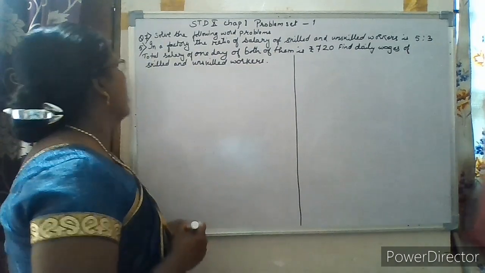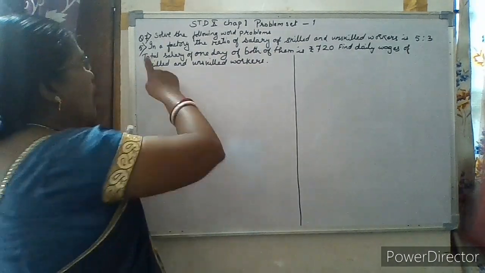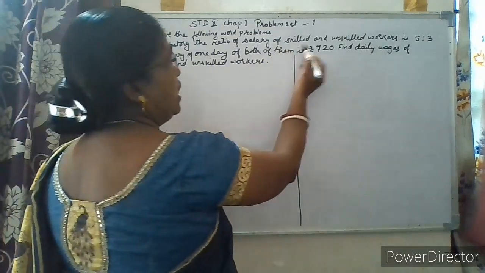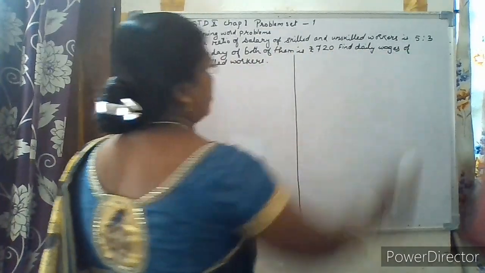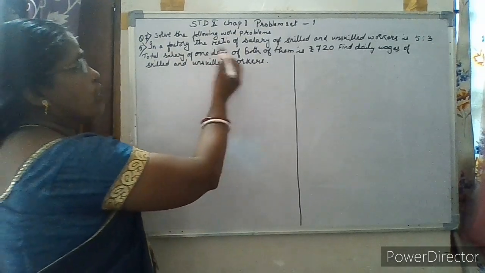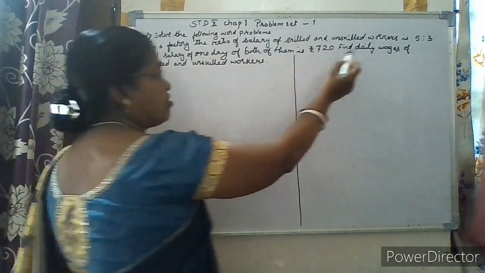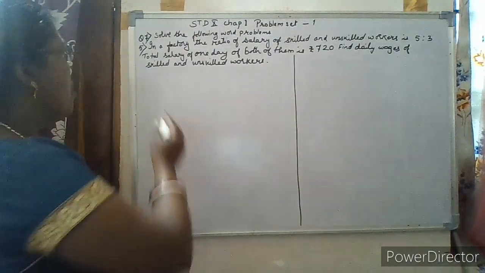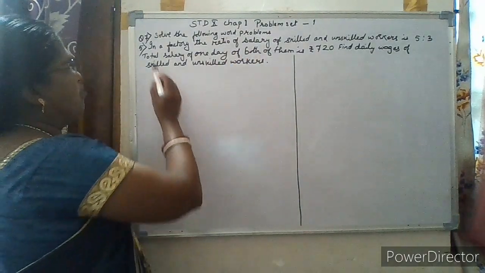Let us start with the fifth question. In a factory, the ratio of the salary of skilled and unskilled workers is 5:3. This is the first condition.